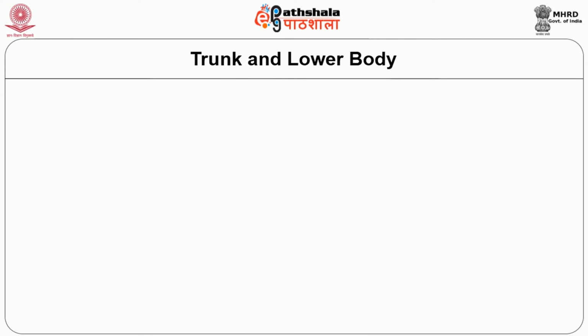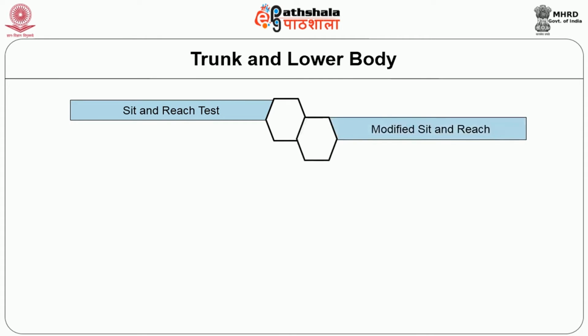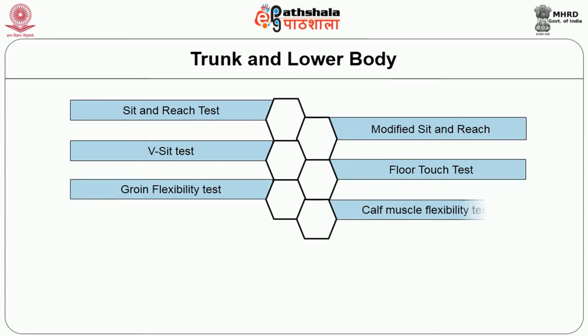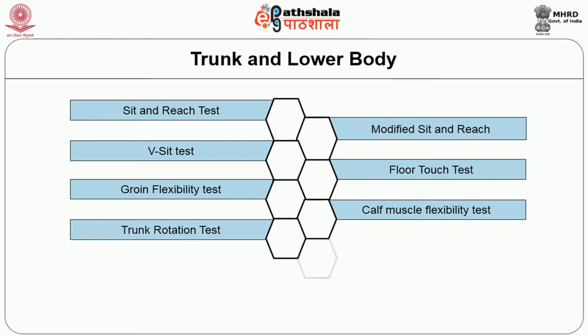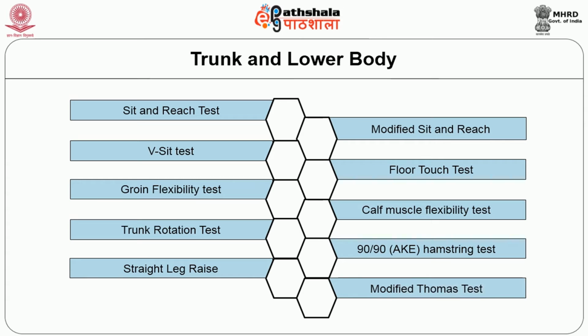Trunk and lower body test. To test the trunk and lower body flexibility, these are the test items to be tested: sit and reach test, modified sit and reach test, V-sit test, floor touch test, groin flexibility test, calf muscle flexibility test, trunk rotation test, 90 by 90 hamstring test, straight leg raise test, modified Thomas test.